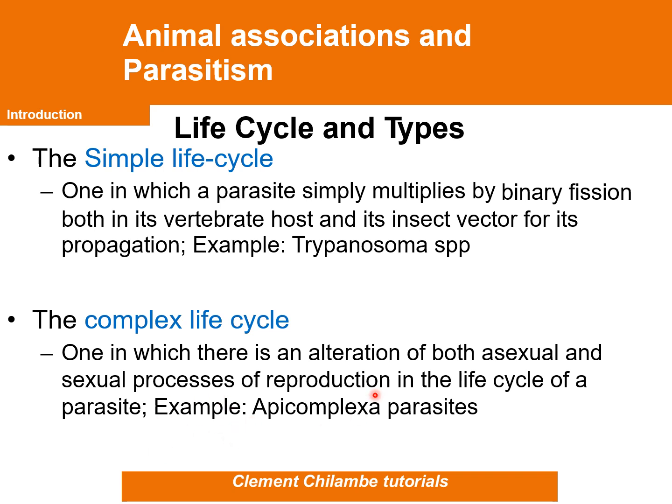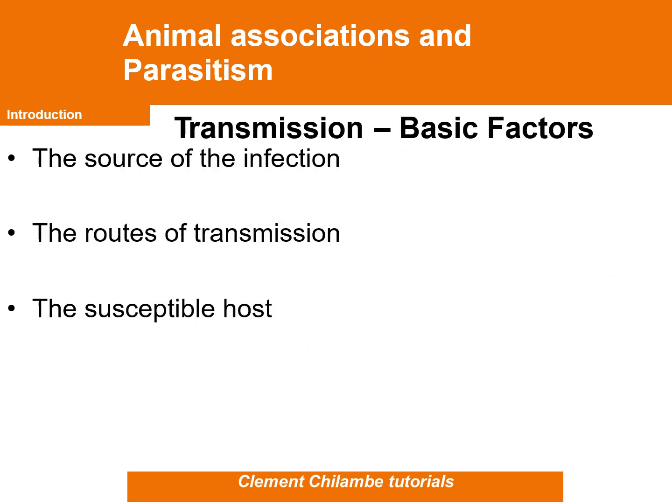An example is the apicomplexan parasites. So you've seen that we've discussed the types. The other ones that we discussed on the previous slide were the direct and indirect life cycles, which were given clear definitions, descriptions and examples. And in this case, you can also classify these as simple life cycle or complex life cycle. The definitions and the examples are what you're seeing here on this slide.